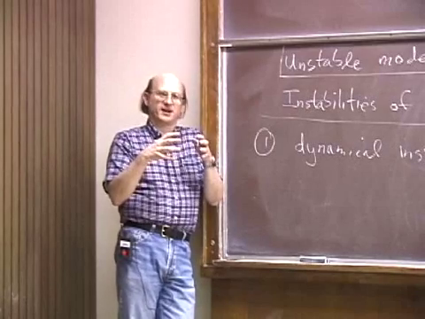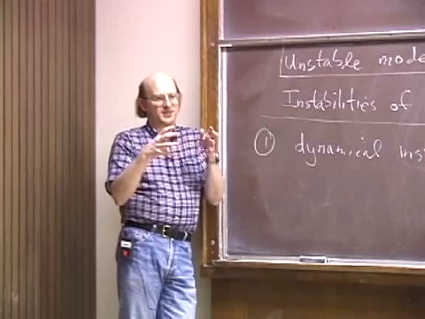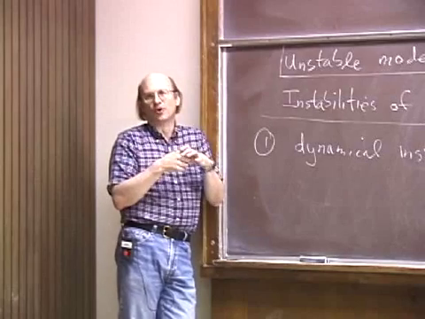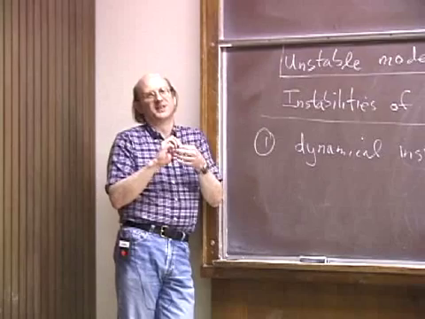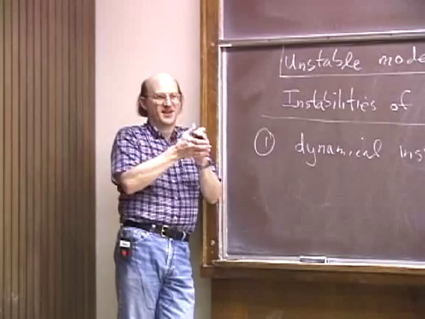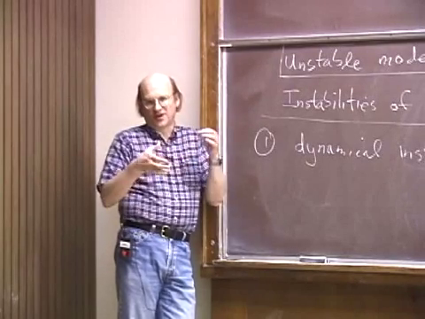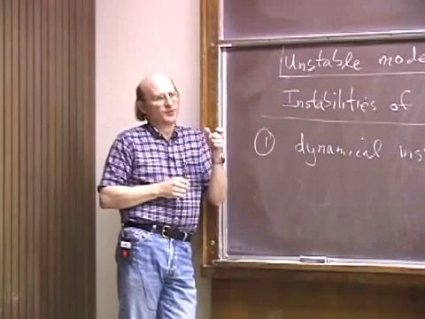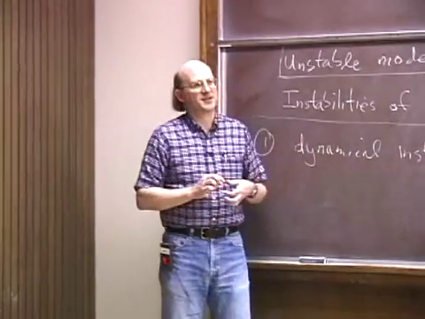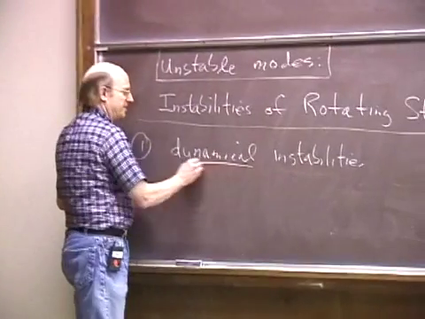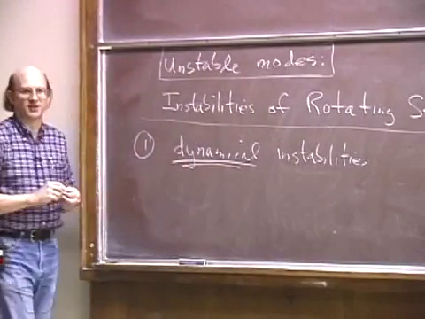So you can think of a star as a spring, and these modes are just normal oscillations of a spring. The spring force is typically things like pressure. You can press the star and the pressure pushes back, and the star just oscillates. So when the restoring force for the oscillation is the same force that is driving the instability, that kind of instability is called a dynamical instability.